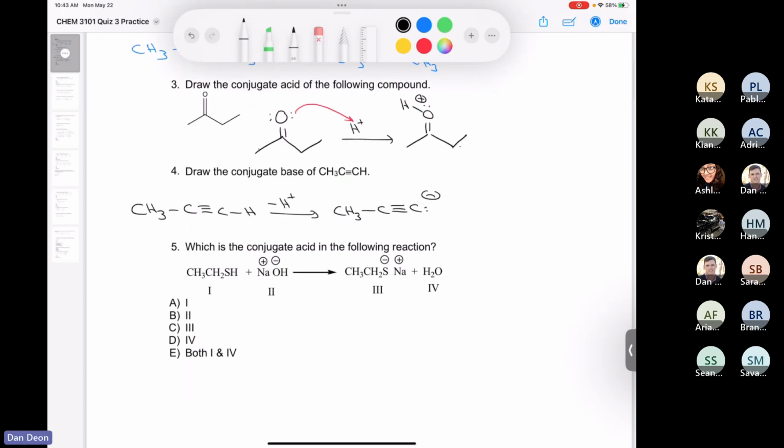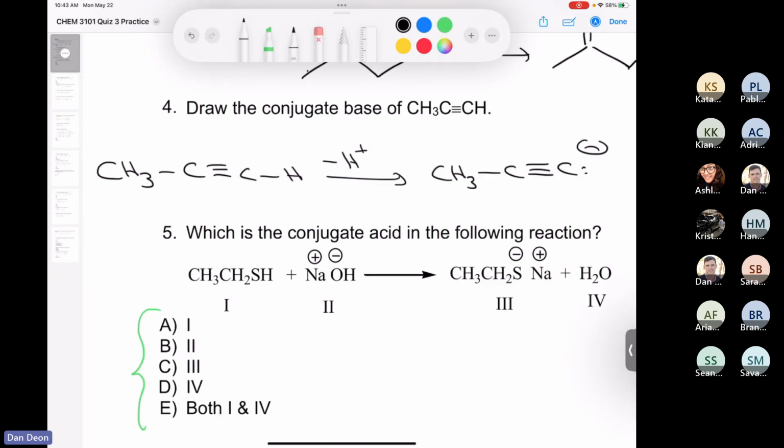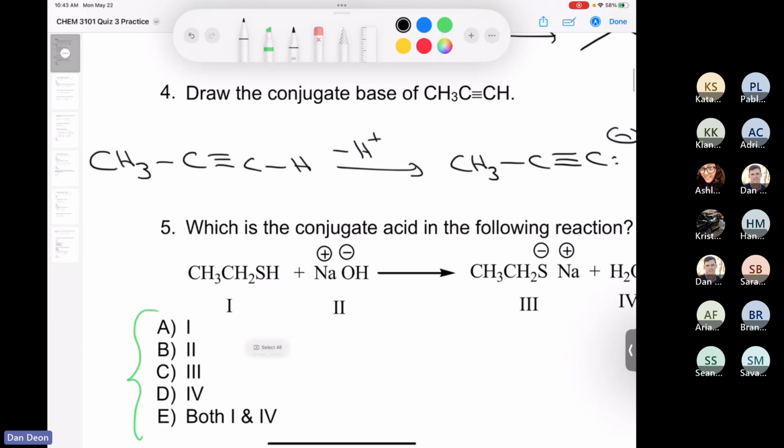Question number 5, what is the conjugate acid in the following reaction? Did anybody identify the conjugate acid? Is it 1, 2, 3, 4, or 5 in this one? So it's not going to be 3. If we look at what's going on here, this guy is donating a proton.